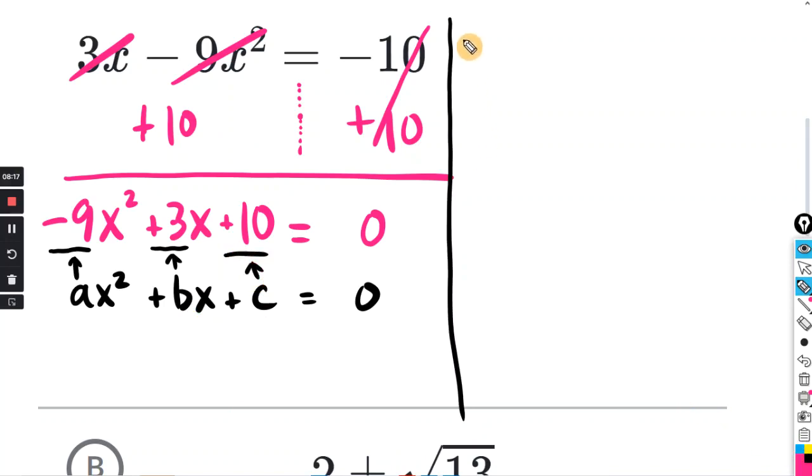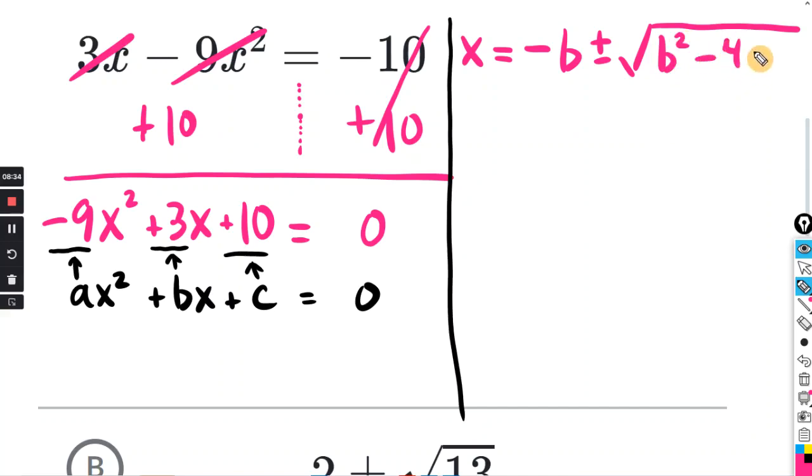Our formula, once again, we're solving for x. X equals negative b plus minus radical b squared minus 4ac all over 2 times a. All right, so the b starts with a negative sign, and b is positive 3.